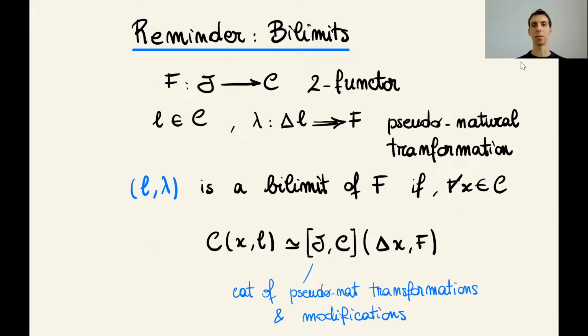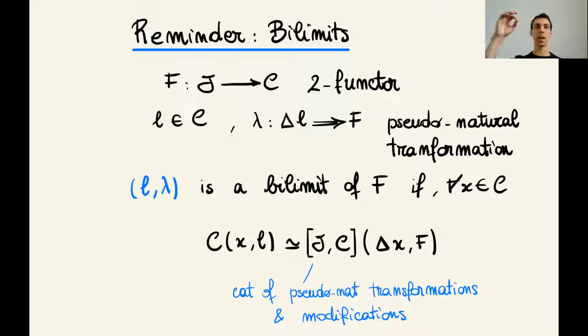Let me just give you a brief reminder on what bilimits are, just so that we are on the same page. So if we have this two-functor F from J to C, two-categories, and L is an object of C, and lambda is a pseudo-natural transformation from the constant functor on L to F, you can just imagine this as a cone over F. It's just a bunch of triangles.